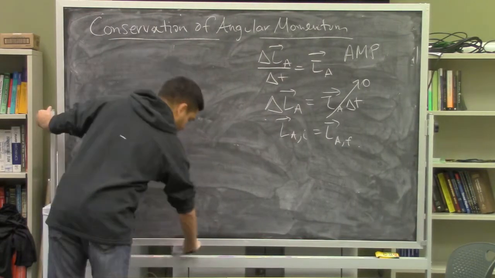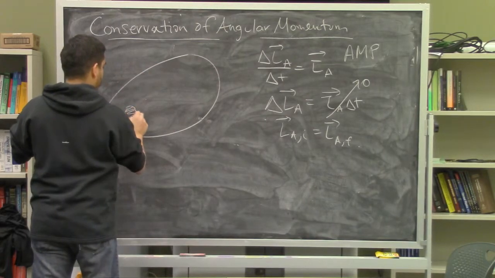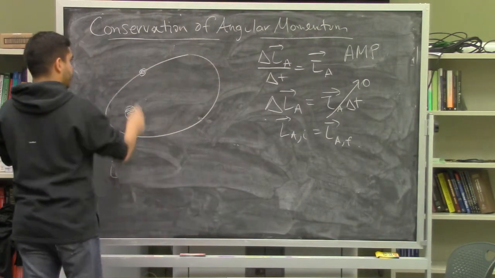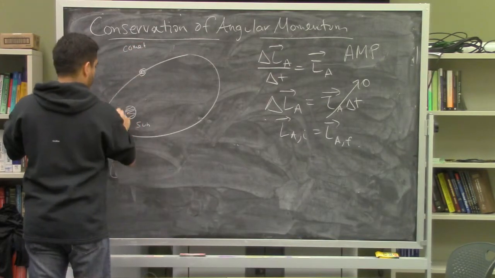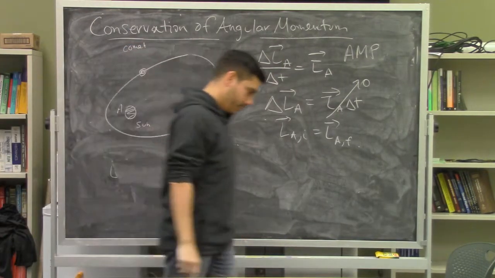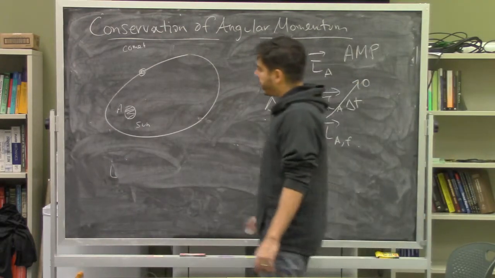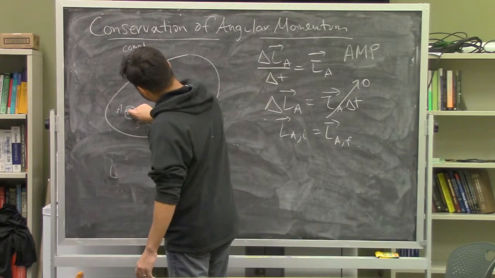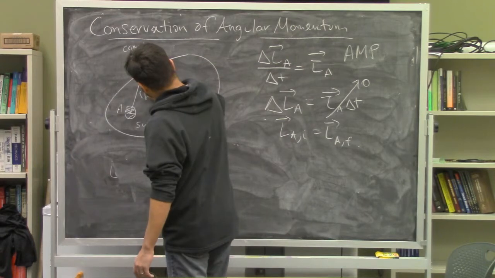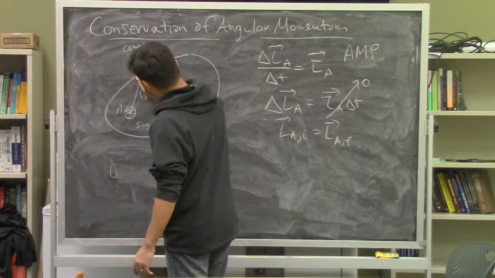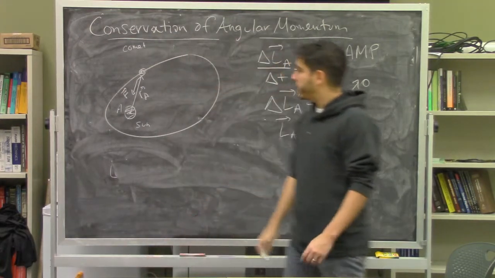So we're going to talk about a comet going around the sun in an elliptical orbit. So here's the sun, here's the comet. And we'll choose the sun to be location A for the time being. And it's a very clever choice of the location because the position vector that points from that location to the comet points exactly opposite the direction of the force that the sun exerts on the comet.